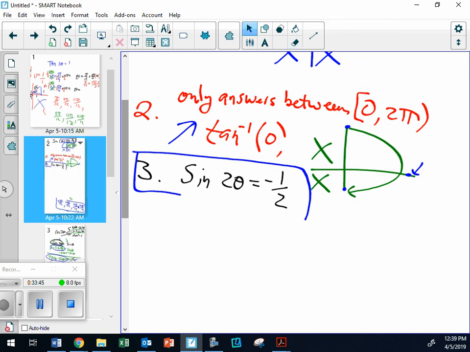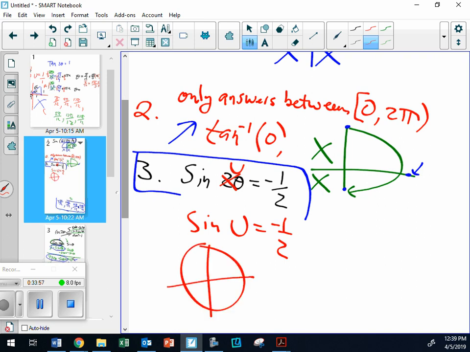Have a good day. All right, so I'm going to replace this with u. It's going to be sine of u equals -1/2. And then I'm going to solve this and find the 2 places where sine is negative. And all students take calc, so these are the places where sine is positive. That means I'm down here.